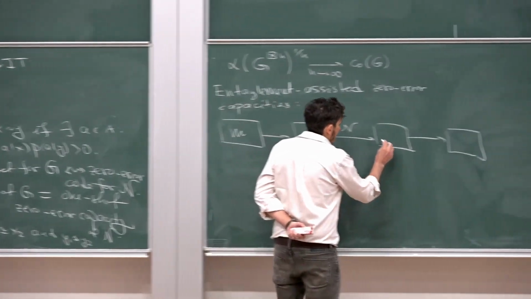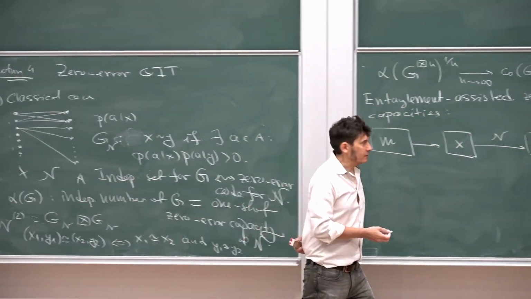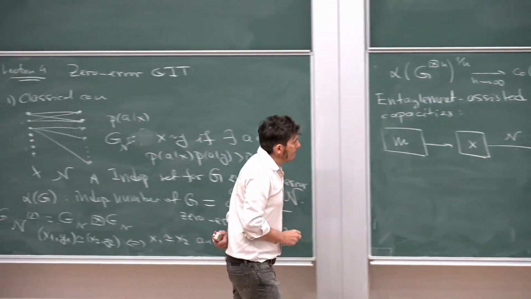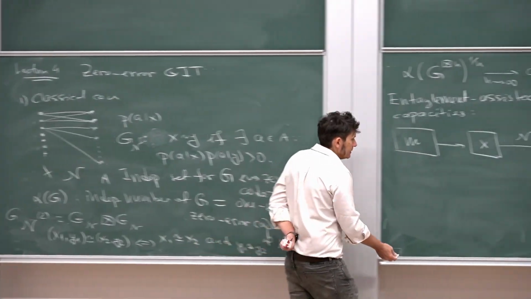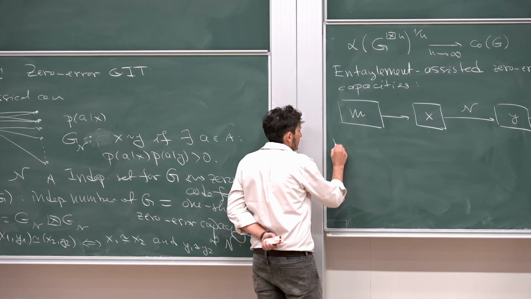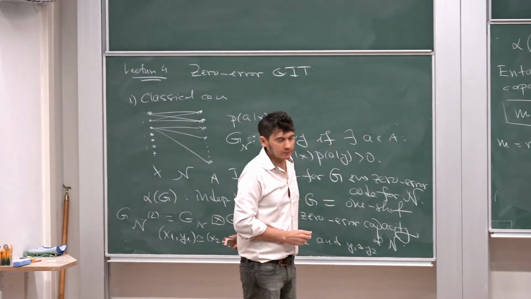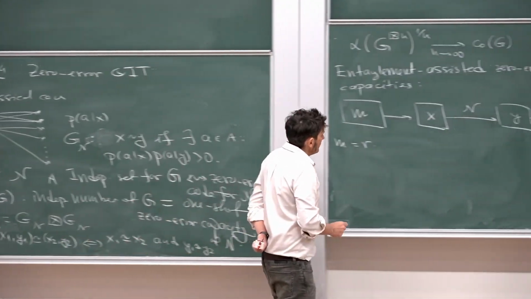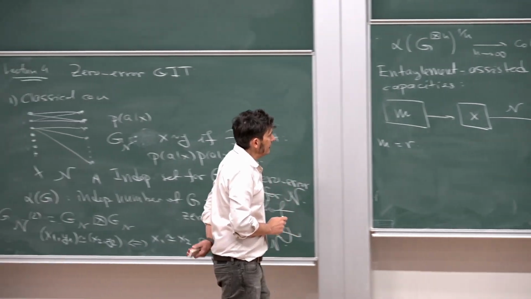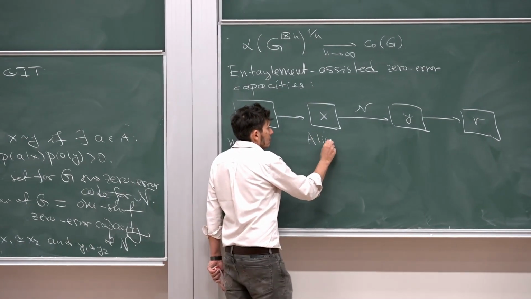Afterwards, I apply my channel. I get some output. And afterwards, I decode the message. And what you want, ideally, for zero-error transmission, is for the original message to be equal to the decoded message. This is my channel N, and then Alice and Bob. This is Alice. This is Bob.